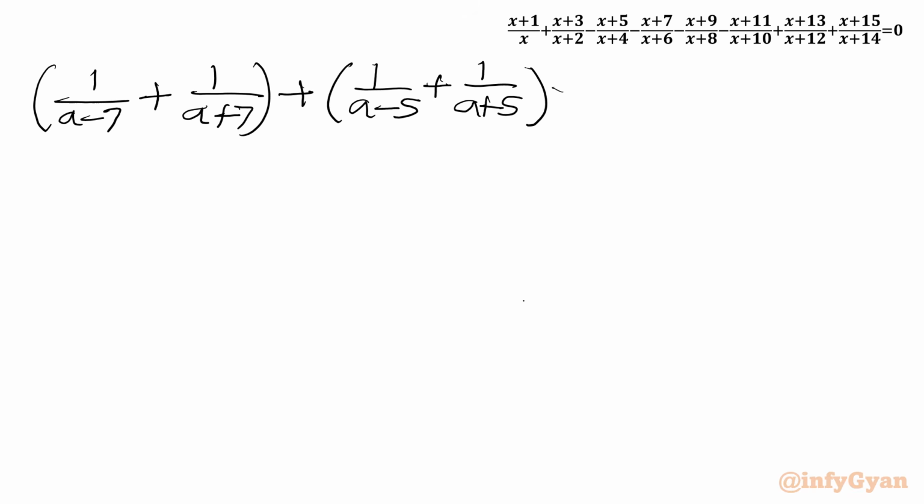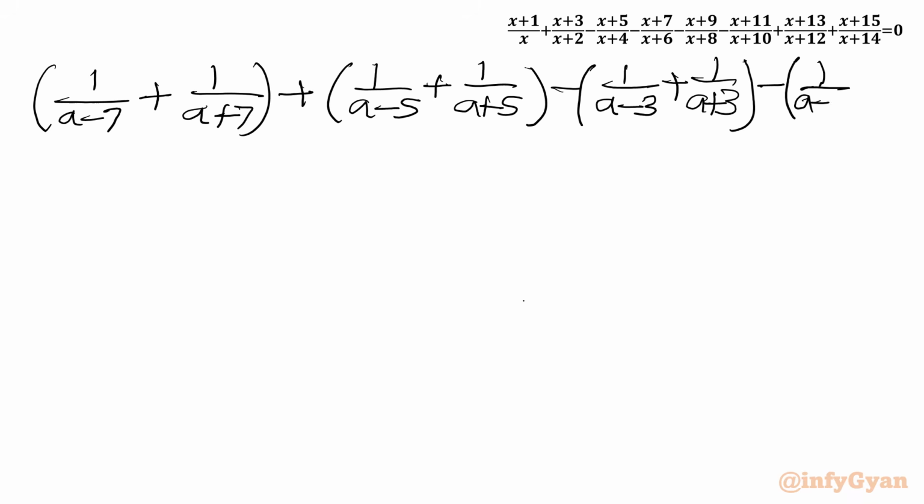Then we'll take minus sign common. In the bracket, we'll write 1 over a minus 3 plus 1 over a plus 3. For the last bracket, I will take minus common out: 1 over a minus 1 plus 1 over a plus 1, equal to 0.